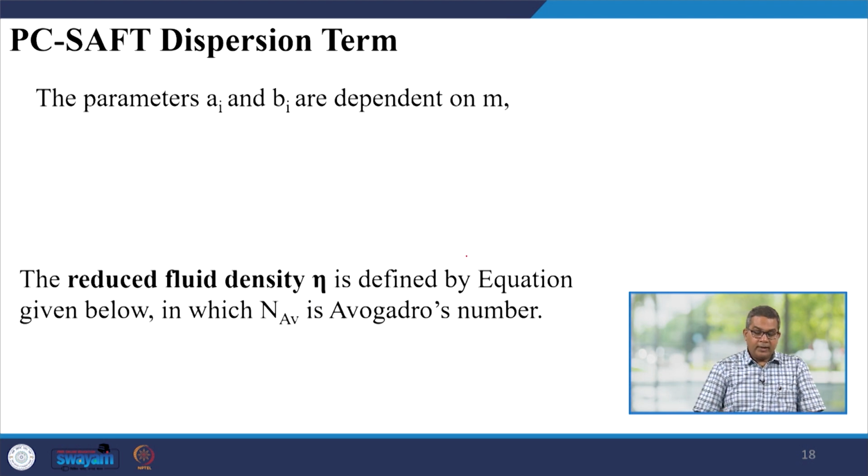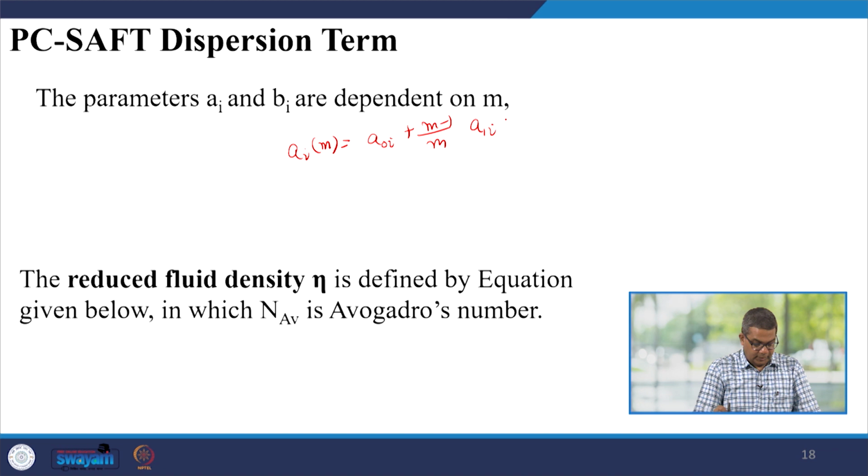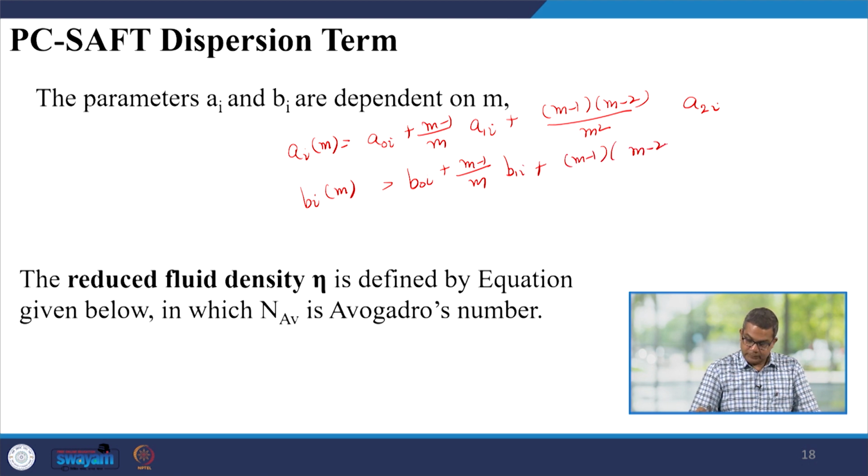Now the parameters ai and bi are dependent on the chain length: ai(m) is equal to a0i plus (m minus 1) over m a1i plus (m minus 1)(m minus 2) over m squared a2i, and similarly bi(m) is b0i plus (m minus 1) over m b1i plus (m minus 1)(m minus 2) over m squared b2i.